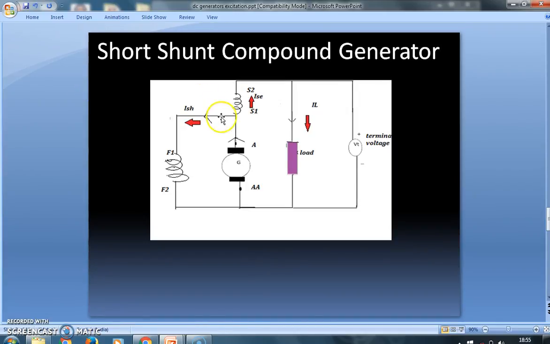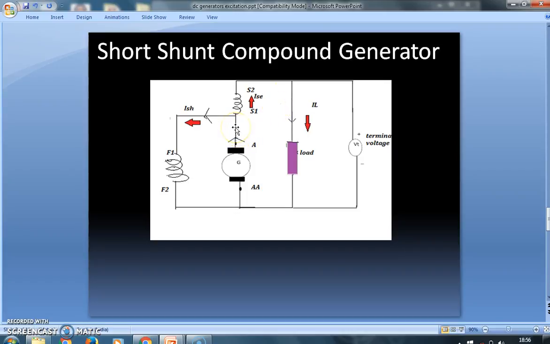Next, if you consider the short shunt compound generator, in this type the shunt field winding is connected only across the armature circuit, excluding the series field winding, as shown in the figure. The shunt field winding is connected across the armature, and this combination is connected in series with the series field winding.